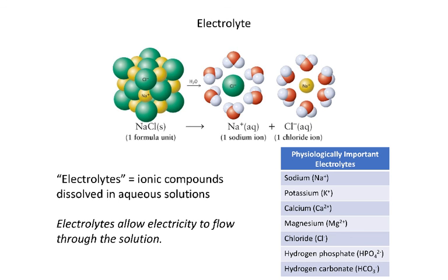And this ion dipole interaction leads to what we call electrolytes. So electrolytes are ionic compounds that are dissolved in aqueous solutions. Due to the charges involved here, electricity can flow through this solution from positive to positive to negative, and so on. So that's why they're called electrolytes, because electricity can flow.